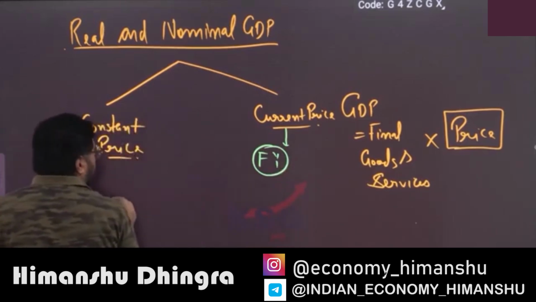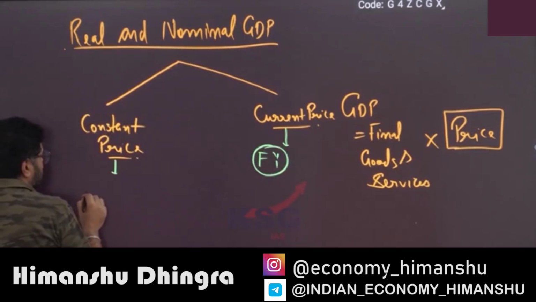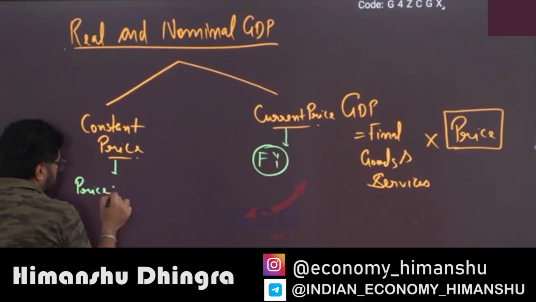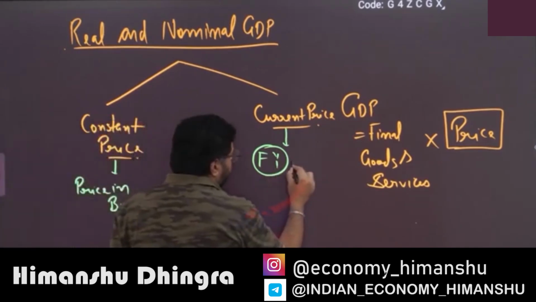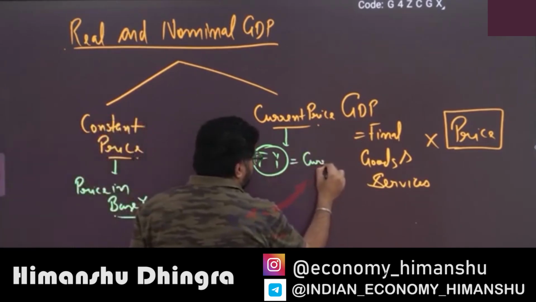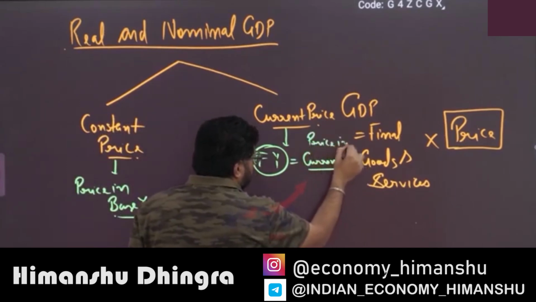Constant price means the price of a product in the base year, whereas current price is the price of a product in the current financial year.